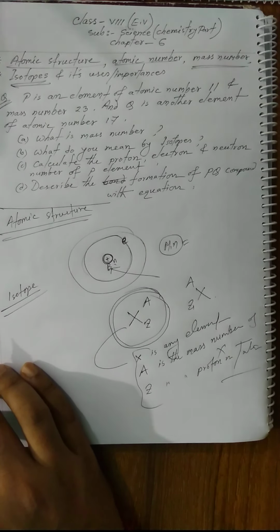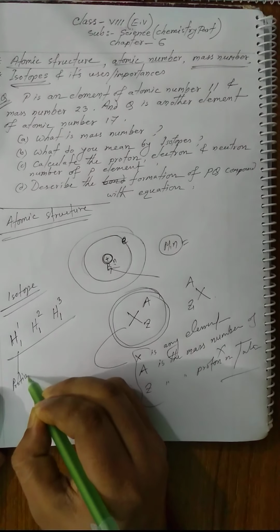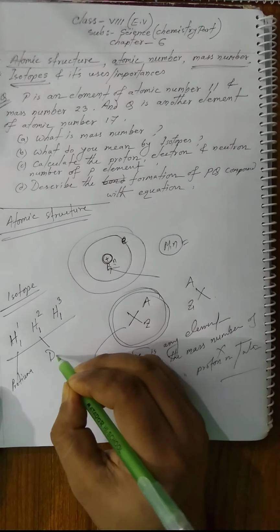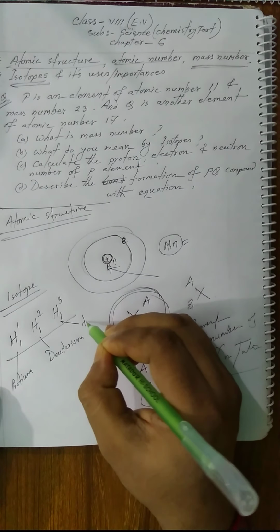Suppose hydrogen 1 1, 2 1, 3 1. These are the isotopes of hydrogen because this is protium, this is deuterium, and this is tritium.